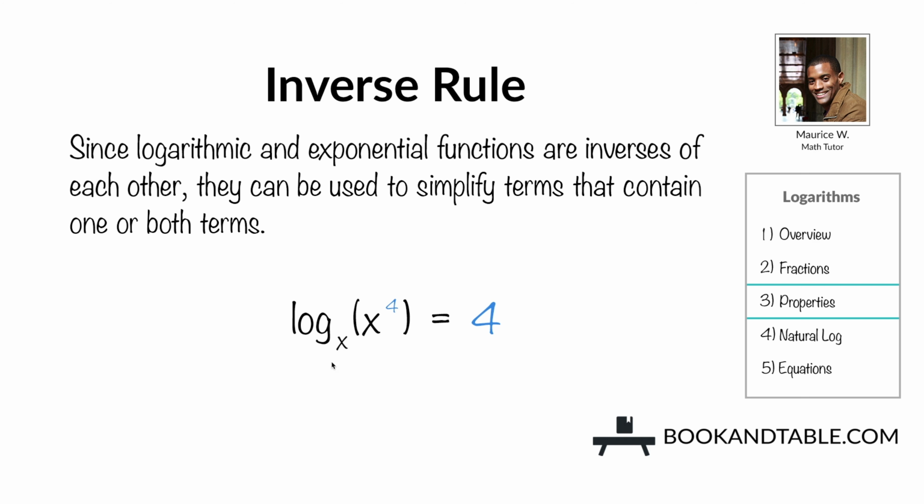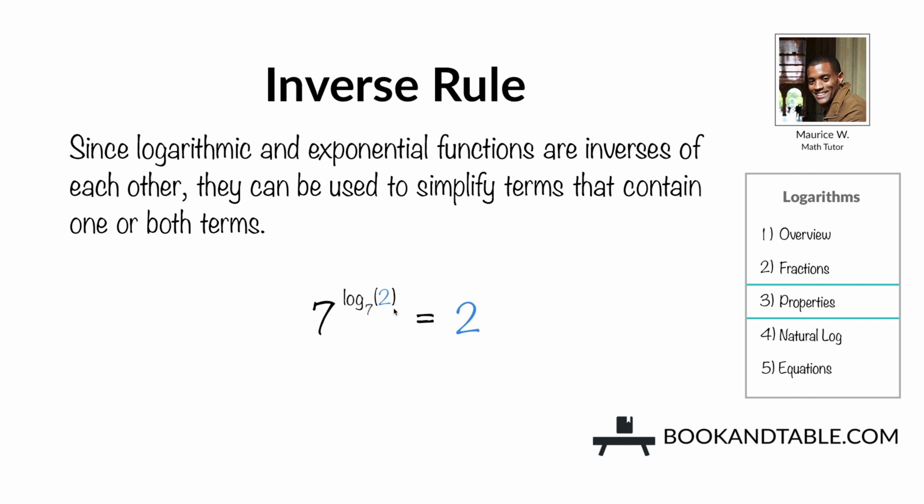If the first function is not the log, but instead the exponential, such as in this example, the base 7 and the second function in the exponent, the log here, will cancel each other out, leaving us with the argument in the log.